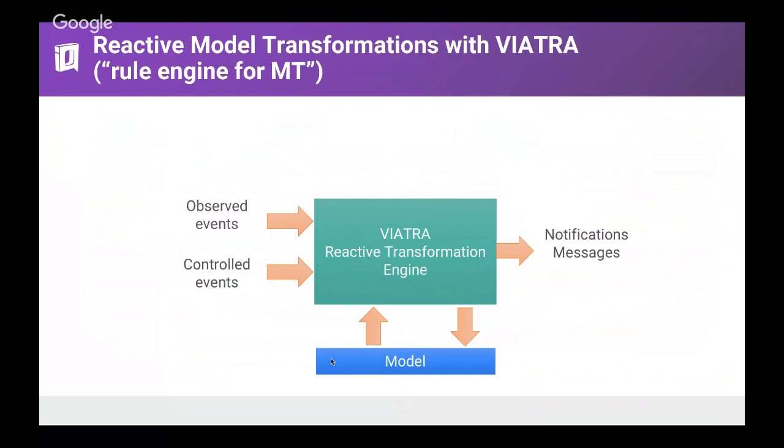And it's an event-driven execution platform, meaning that it operates on so-called observed or controlled events, which are coming from the input side or the source model. And it can also emit notifications or changes or operations on the model, but you can also use it for processing and producing text.